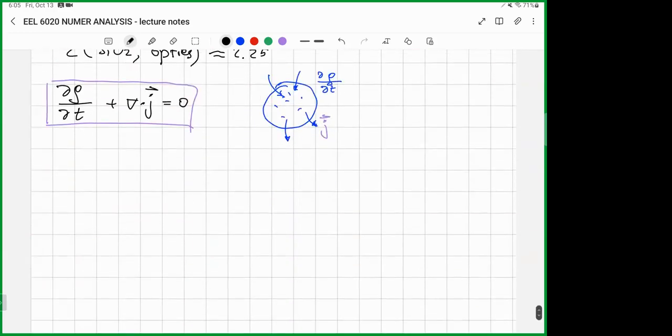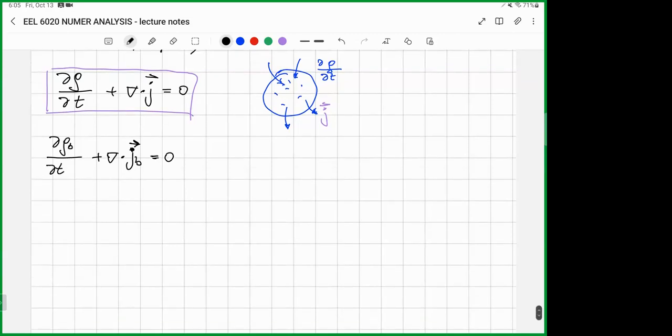Of course, the total charge in the system doesn't change, but I can still apply this formula locally to any part of my system and write the equation for the bound charges in this form. The bound charge density and the bound charge current density equal to 0.